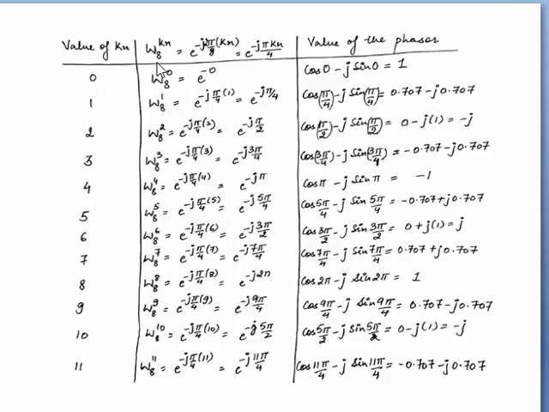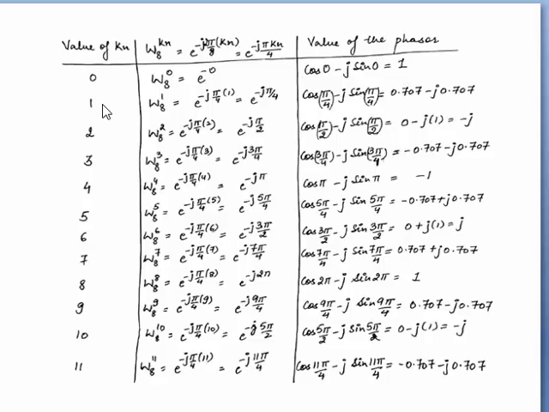Now it's 8-point DFT, W8 raised to power kn, then it becomes e raised to power minus j pi kn by 4. If kn is equal to 0, that means twiddle factor raised to power 0, so e raised to power minus 0. Then the value of the phasor is equal to 1 by using Euler's identity.